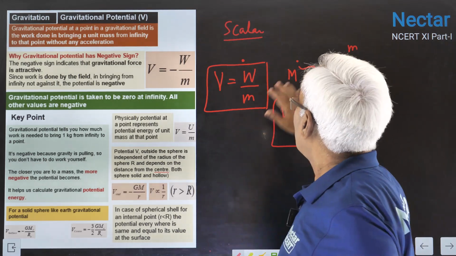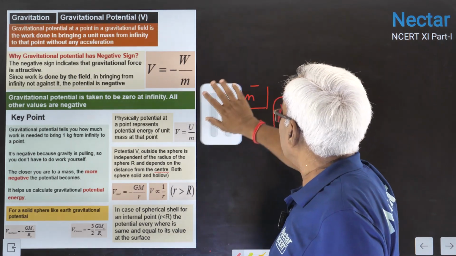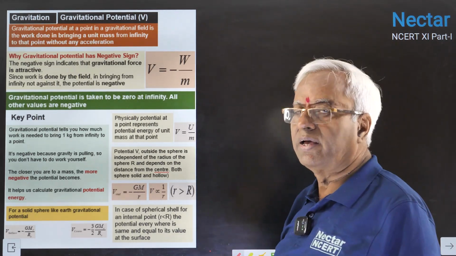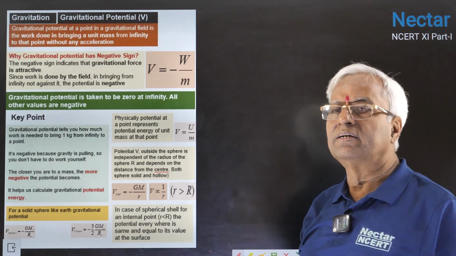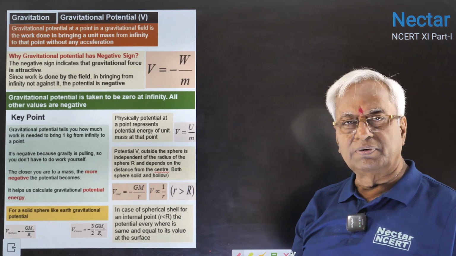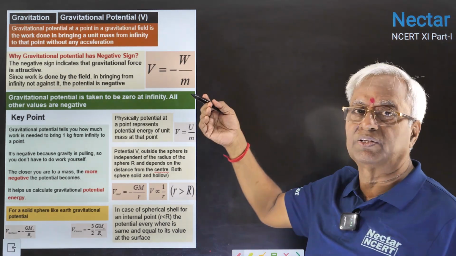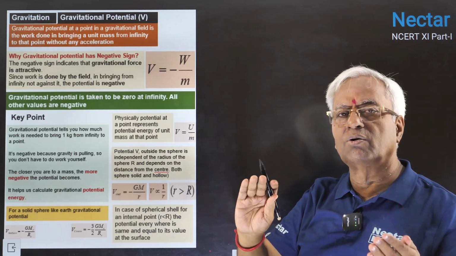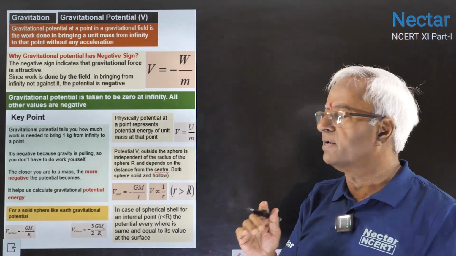Now, in order to find the values of potential for the sphere, we'll again have this thing in mind that outside the sphere, both solid and hollow behave in the same manner.